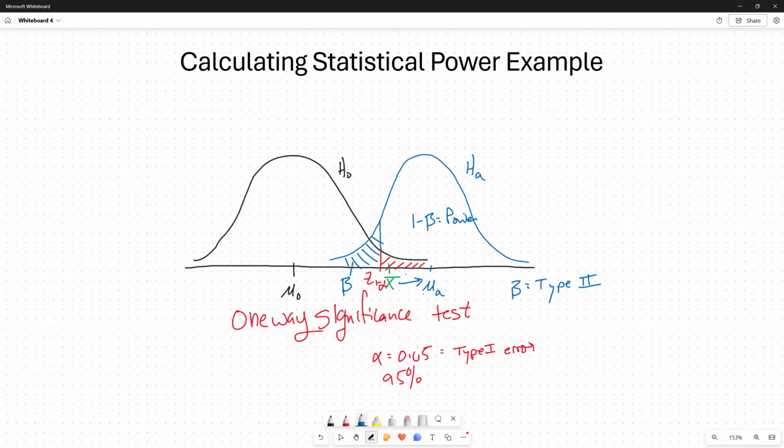So this over here is our probability that we will correctly reject the null hypothesis, right? So depending on how far mu alpha is from mu naught, the standard deviation and the sample size, those all influence power. So we're trying to calculate this area over here with some inferred distribution representing the alternative hypothesis.